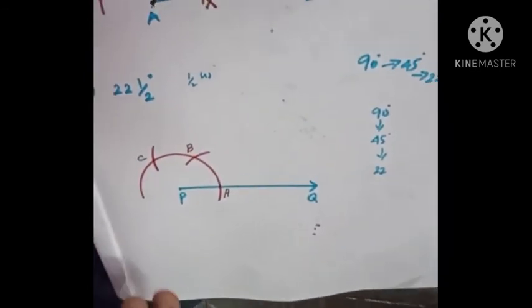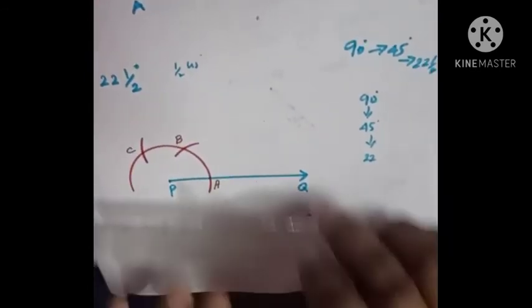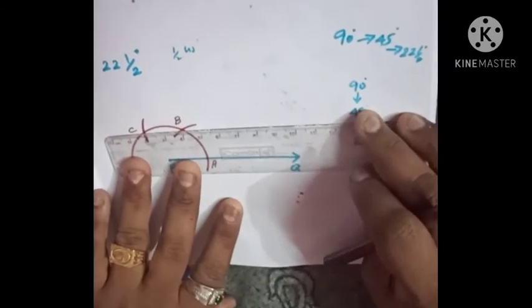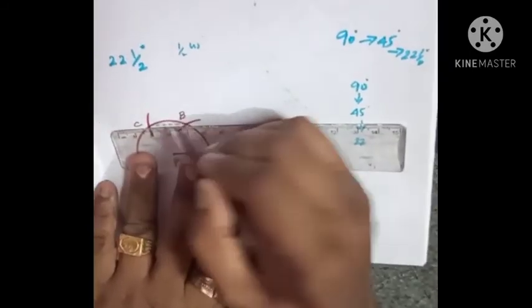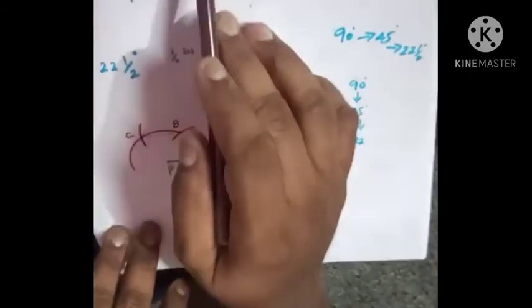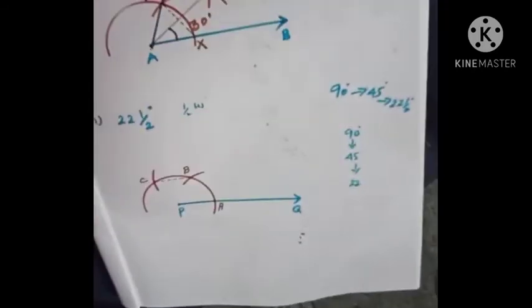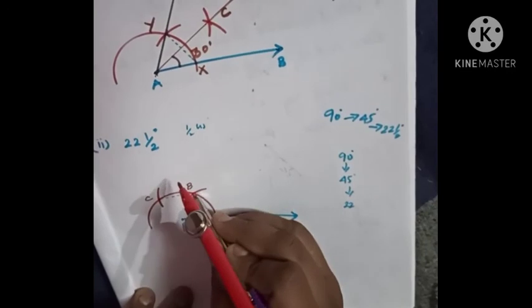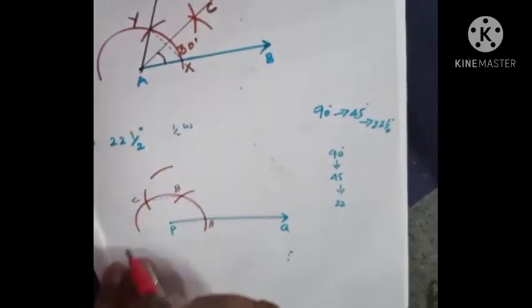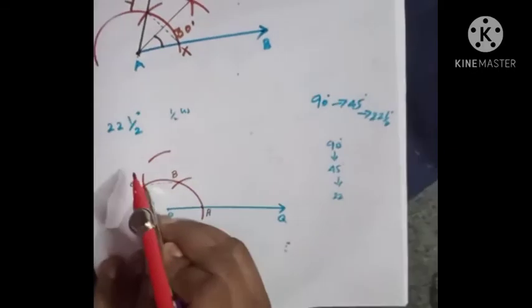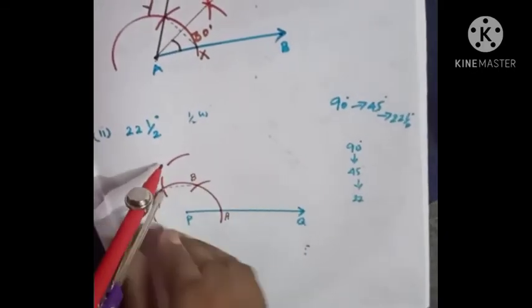Next I just draw the imaginary line for these two like this. In the previous question, with the same radius, with B as center, you can draw one arc above this line, and with C as center, you cut this arc like this.